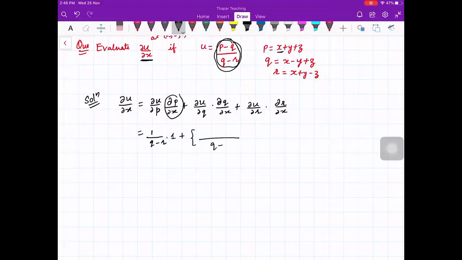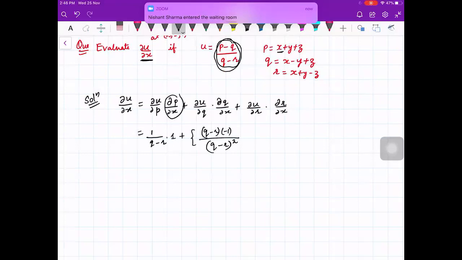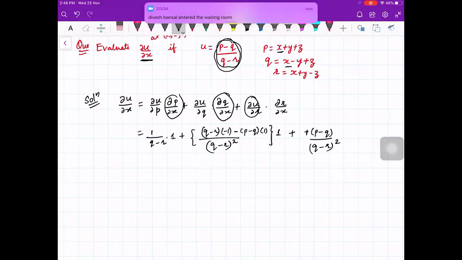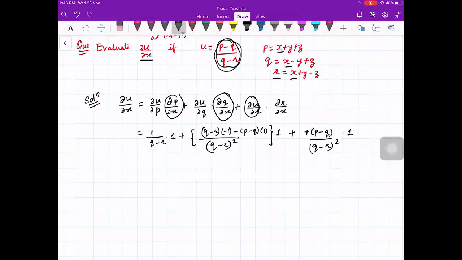So that will be −1/(q − r)² into (q − r) into −1, minus (p − q) into 1, into ∂q/∂x, that you can see is 1, plus ∂u/∂r, that is −(p − q)/(q − r)² into −1, so it is plus 1, into ∂r/∂x, that is again 1, right?